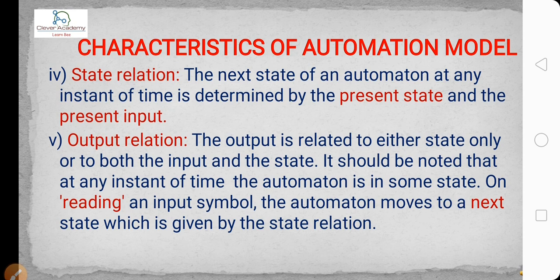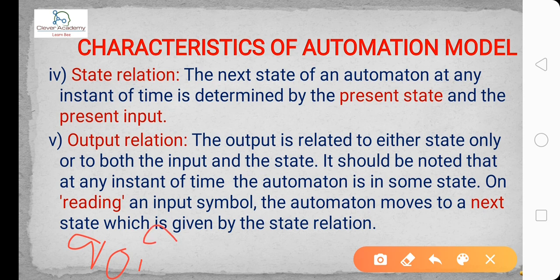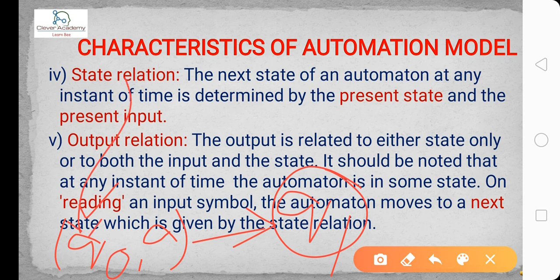So the output relation, so whenever I'm representing q0 on q2, I'll give you an example. You can say I'm having q0 and on 0, the output I'm getting is q1. So whenever I'm having q0, this is the state relation, and having an input 0, I'm getting the output, that is q1, means you are getting the next state to be followed.